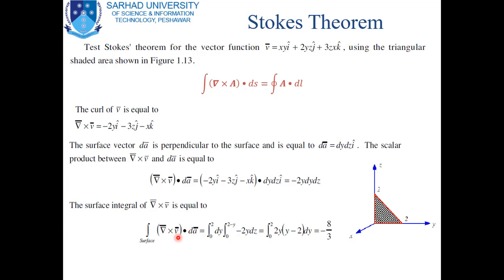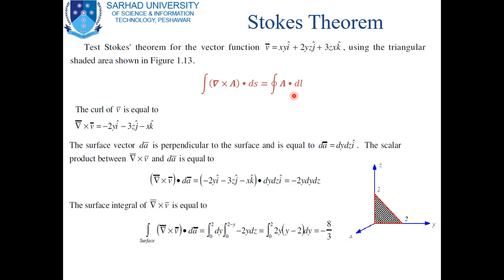So we will integrate this function with respect to z and with respect to y. The value of y will vary from 0 to 2, while the value of z varies from 0 to 2 minus y. So first we will integrate it with respect to z, and then we will put the limits of z, and finally we will integrate it with respect to y, and our answer will be equal to minus 8 divided by 3. Now we have done the left hand side of the Stokes theorem.